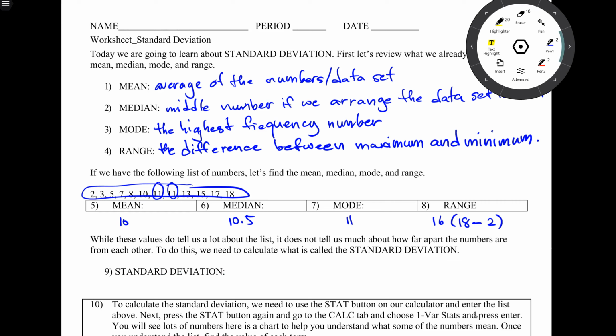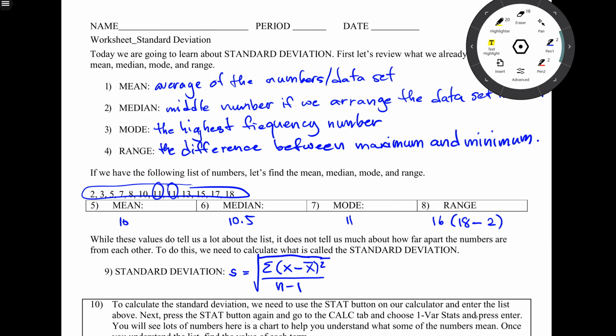The standard deviation is going to be computed by getting the square root of the summation of the distances of each of the points from the mean, and that would be x minus the mean, and then we square it, divided by n minus 1.